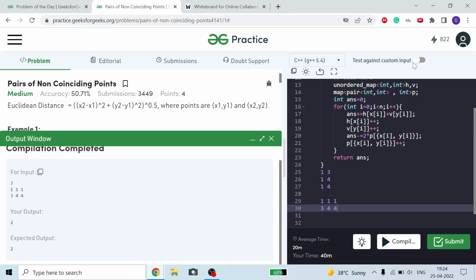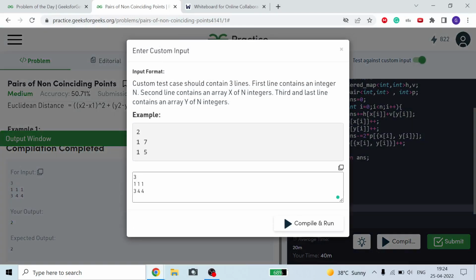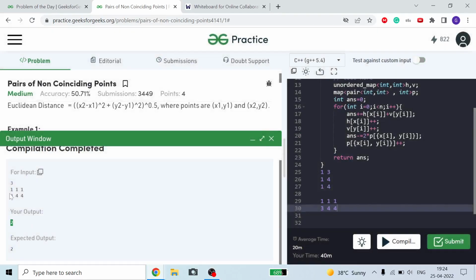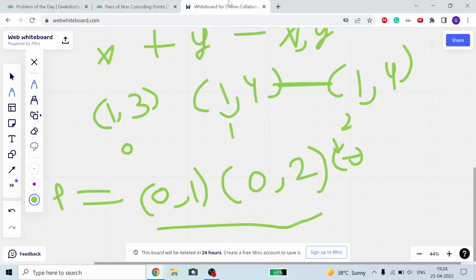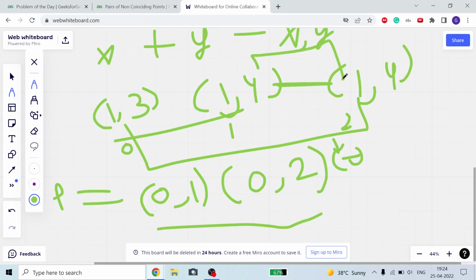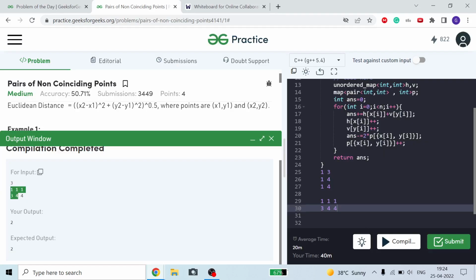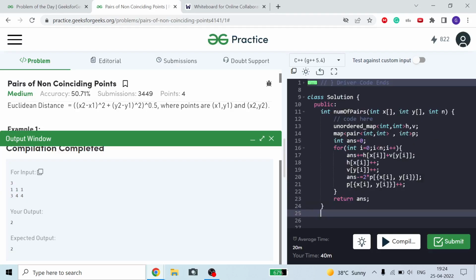You can see I just changed the format to all x coordinates, then all y coordinates, and I get the answer 2. Means 0 and 1 and 0 and 2 will form two pairs. Both Manhattan and Euclidean distance are the same for the excluded pair, but we exclude it because these points coincide. So this is what I want to say.